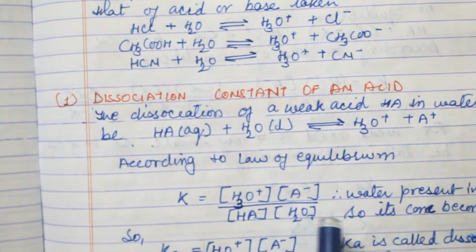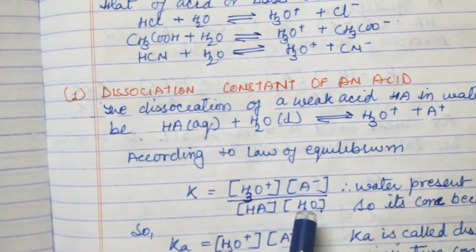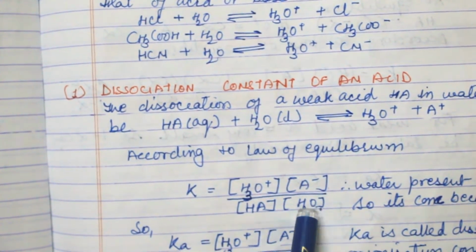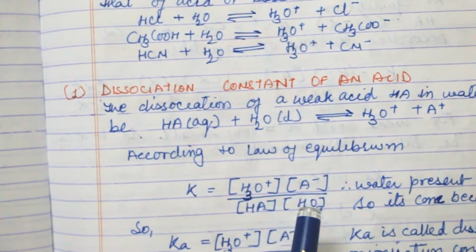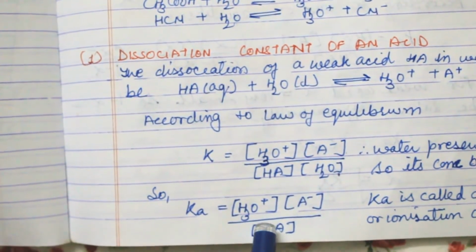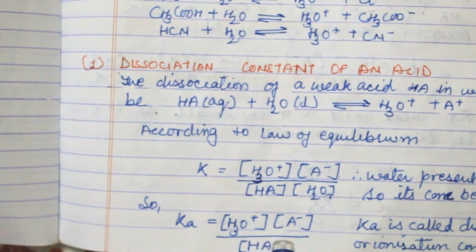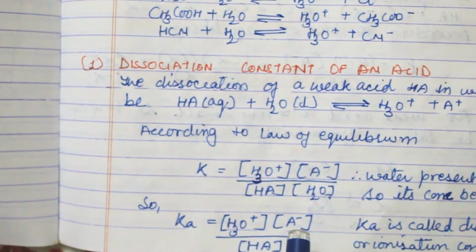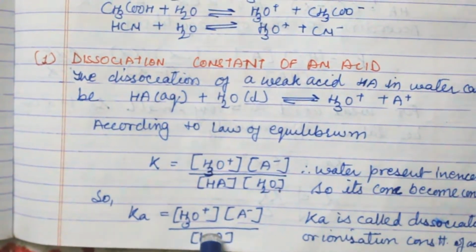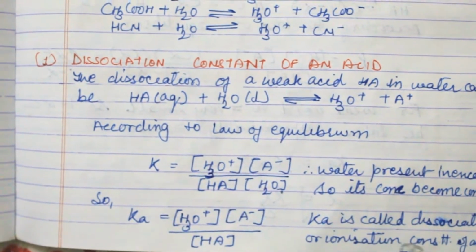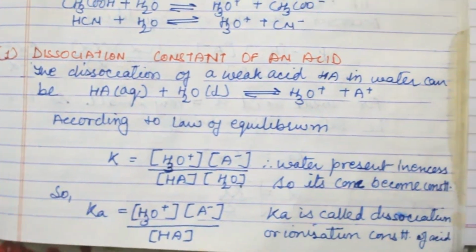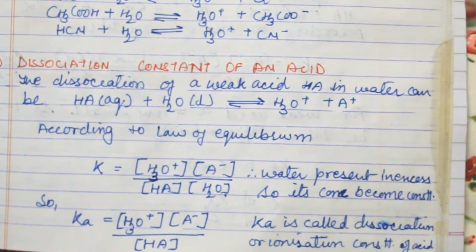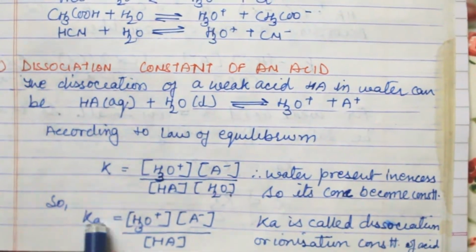Here water is in excess, so we take water as constant, so water becomes 1. Then the net equation is Ka equals hydronium ion times A minus upon HA. Here Ka is the dissociation or ionization constant of the acid. Ka is for acid.